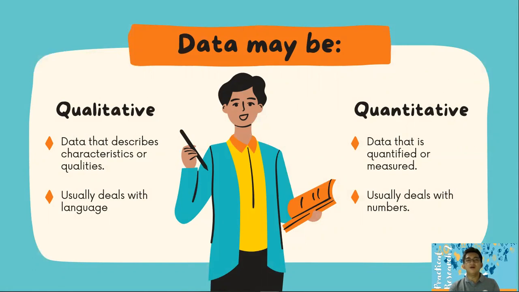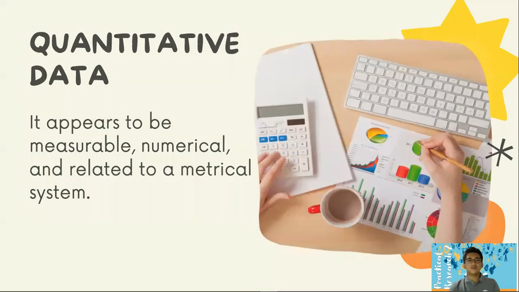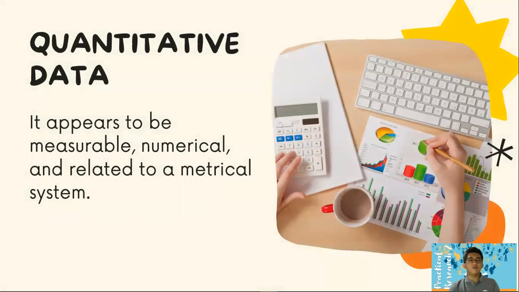On the other hand, our focus for practical research 2, which is the quantitative data, is quantifiable or measurable. This data in quantitative research deals with numbers. Looking into this, quantitative data appears to be measurable, numerical, and related to a metrical system.